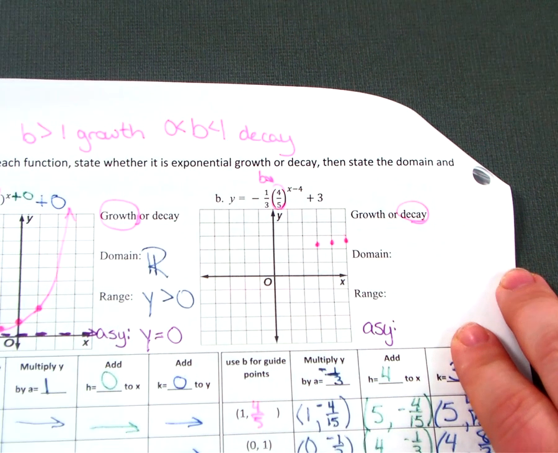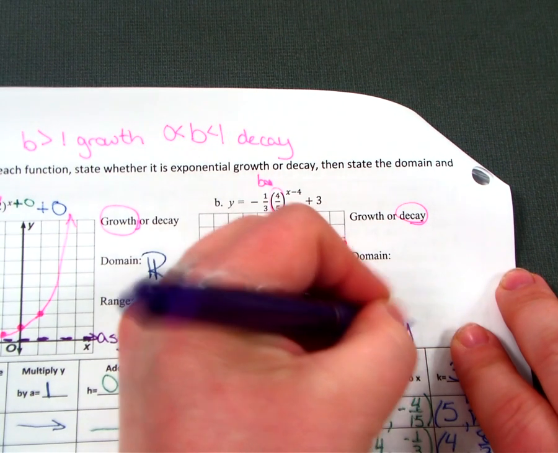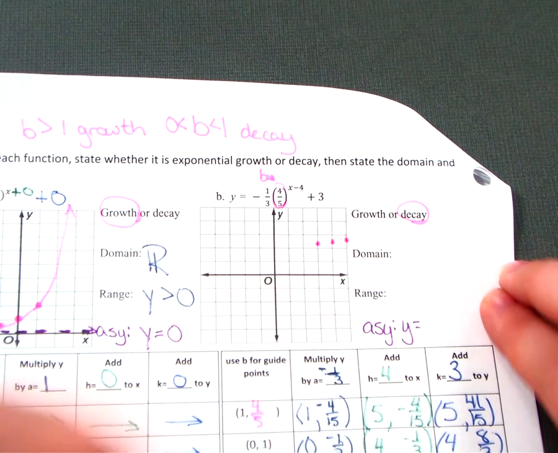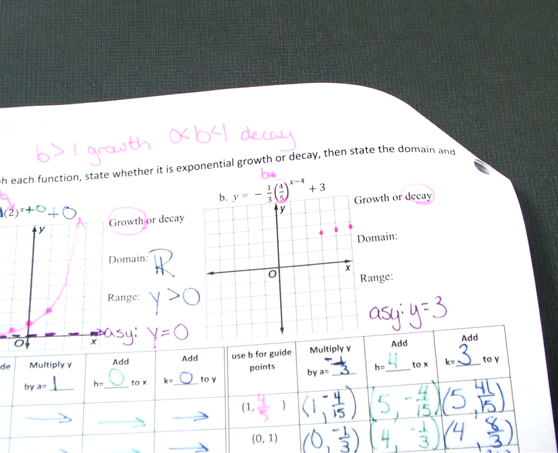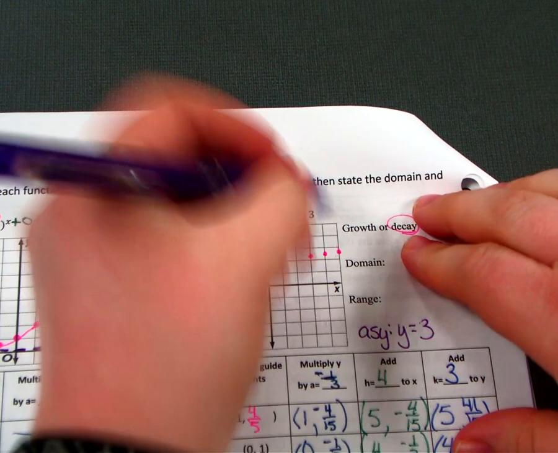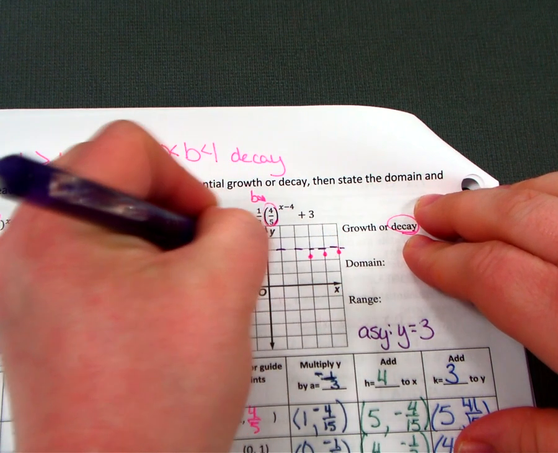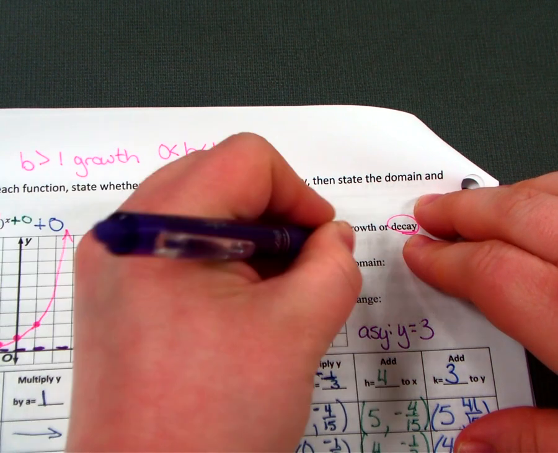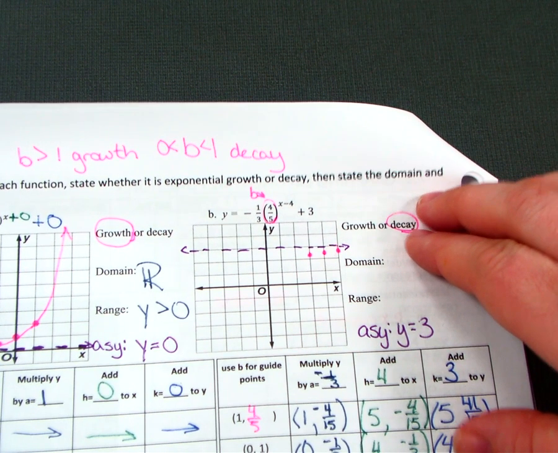So our asymptote, remember, is always the y equals k value. And our k value was 3. So we have 3 going along the line.